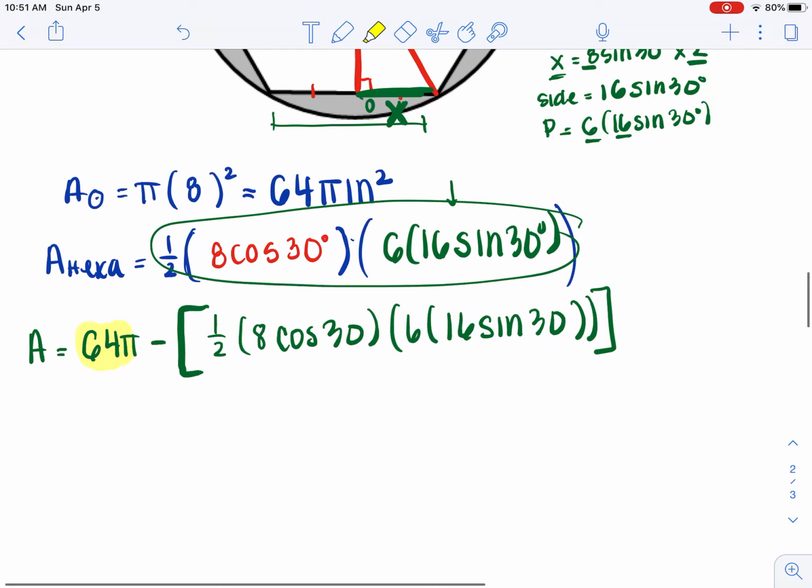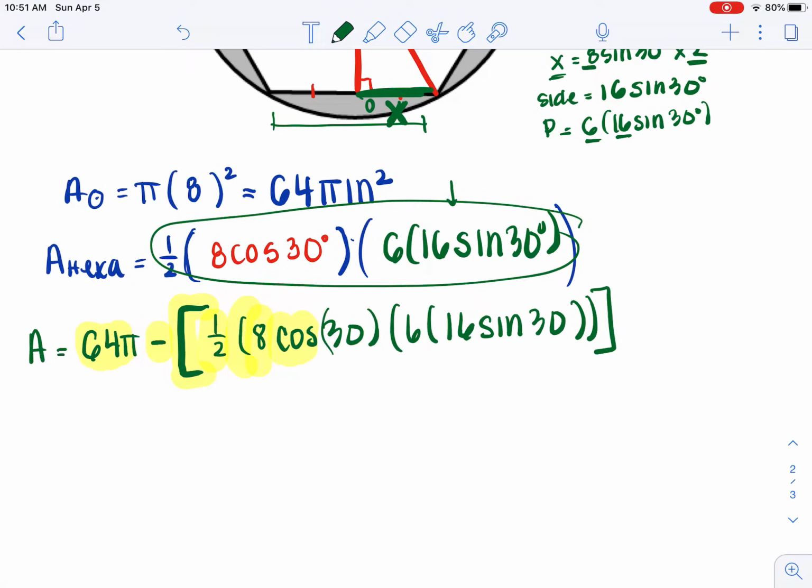So 64 pi, that shouldn't be hard to put in your calculator. Minus parentheses 0.5 parentheses 8 cosine. Before you type anything else, did another parentheses open?